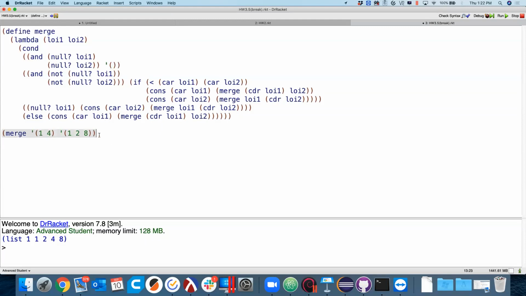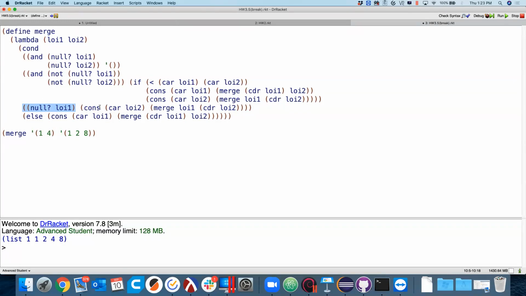Okay, so questions about merge. I have a question. Sure. On the bottom, when you check if the LOI1 is null, if that's null, why don't we just print out LOI2? Because they have already started.